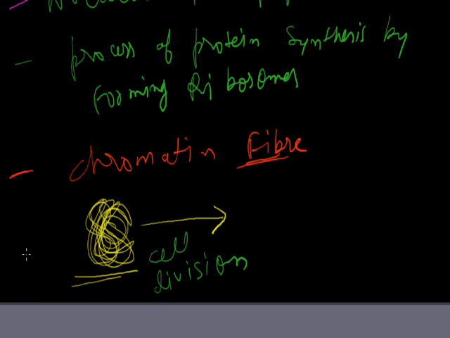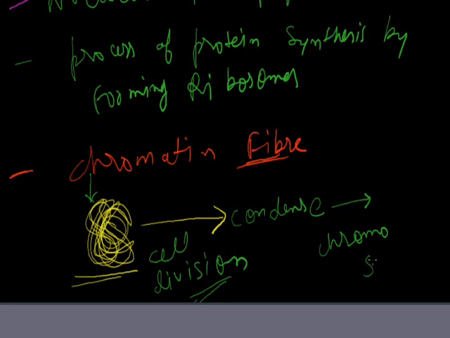These are the chromatin fibers. In the process of cell division, they will condense, and after condensing, they will form chromosomes.